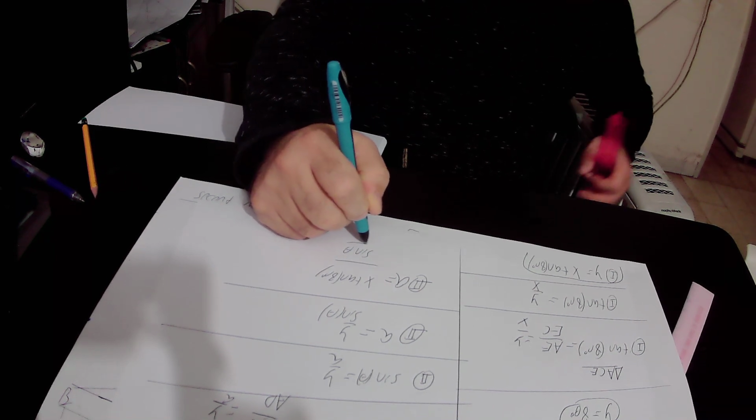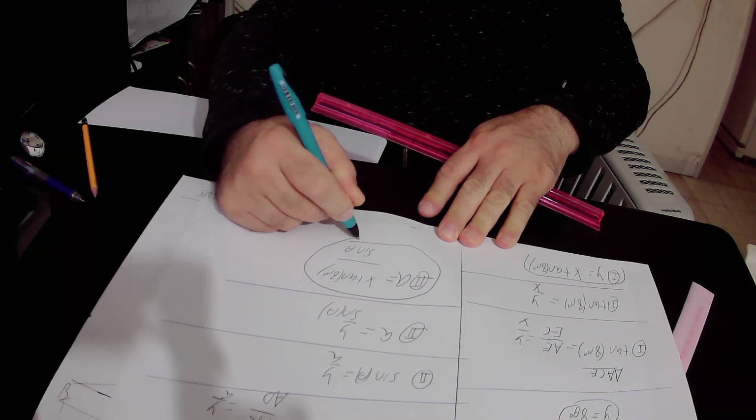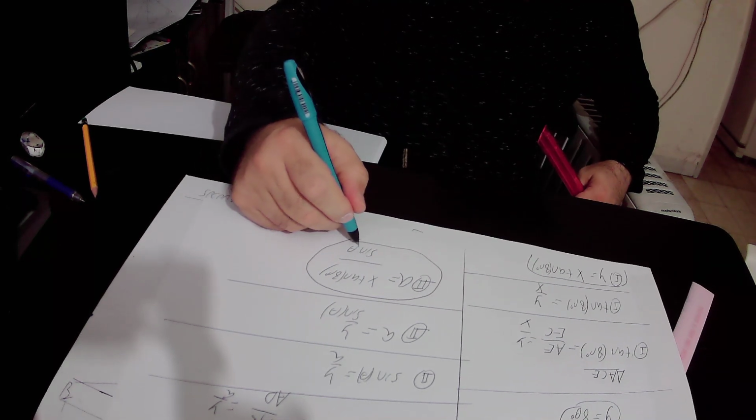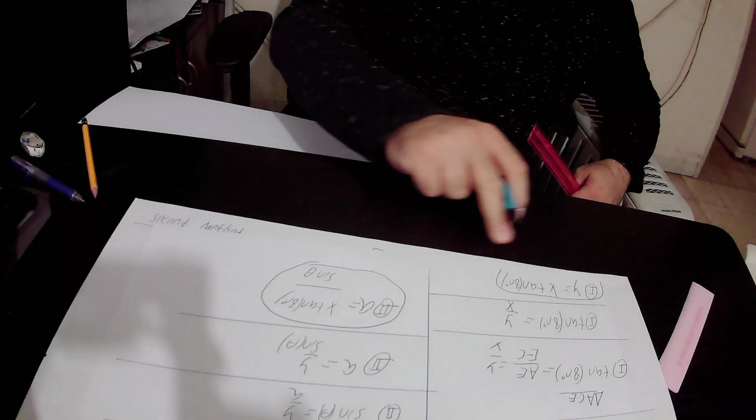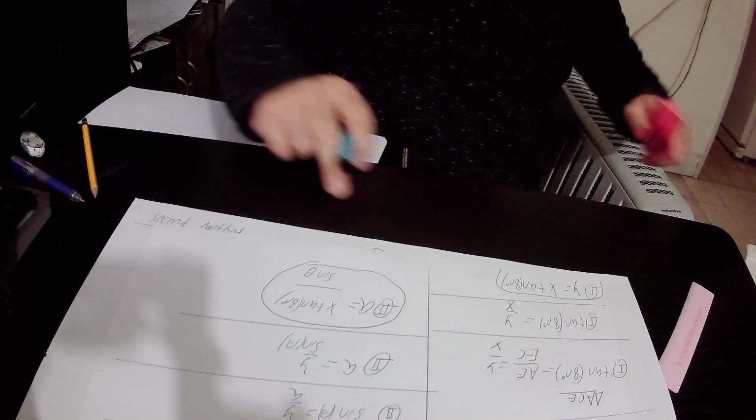I'll repeat again, according to equation number 2, A equals x times tangent 80 degrees over sine theta, and Y, according to equation number 1, equals x times tangent 80 degrees.